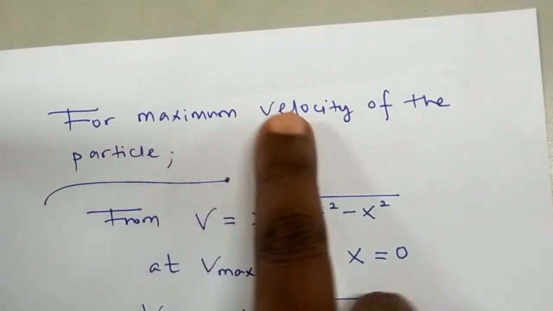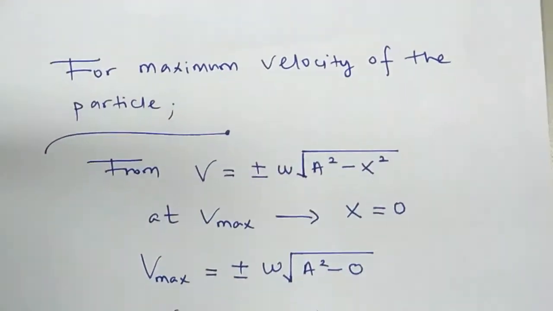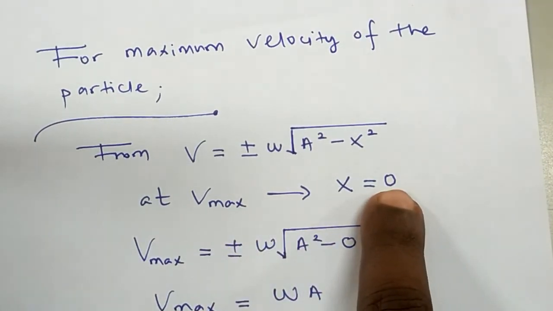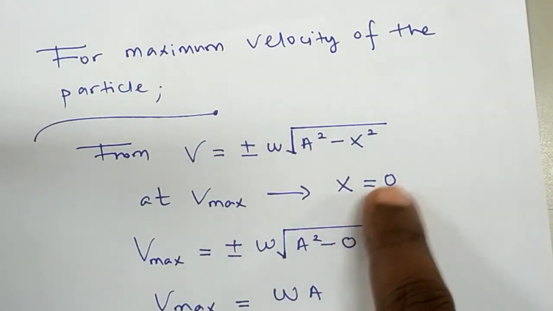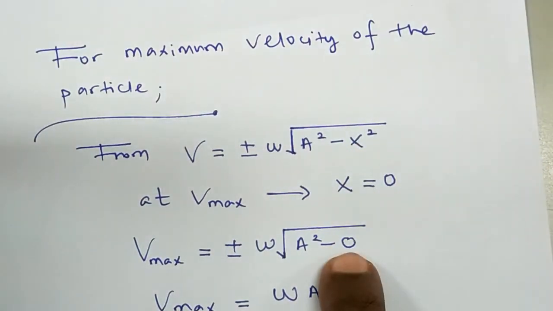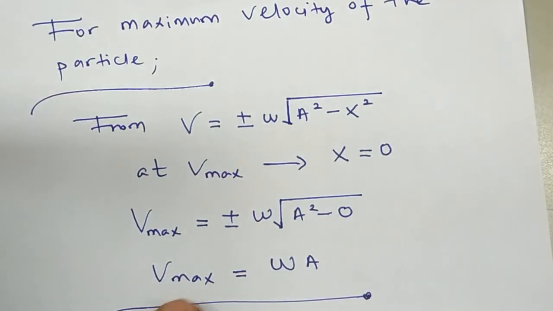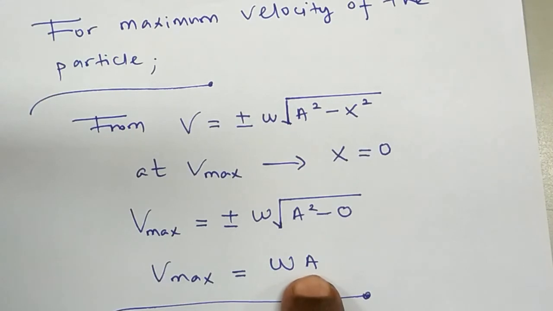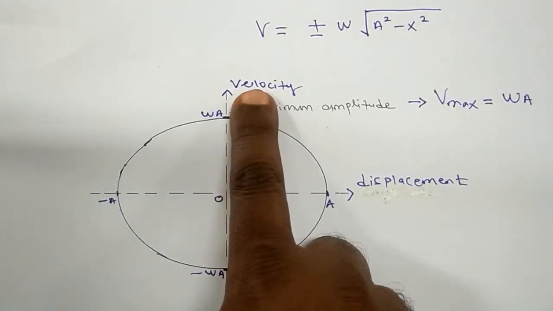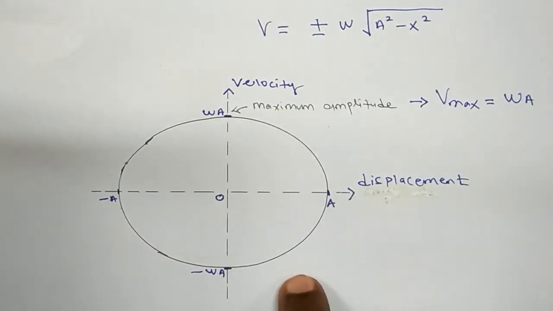For maximum velocity of the particle, v max, x equals 0. By substituting x equals 0 into this x squared, you will get 0. So v max equals omega times amplitude. This is the velocity displacement graph.